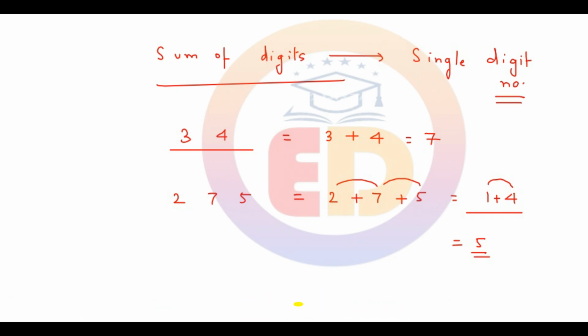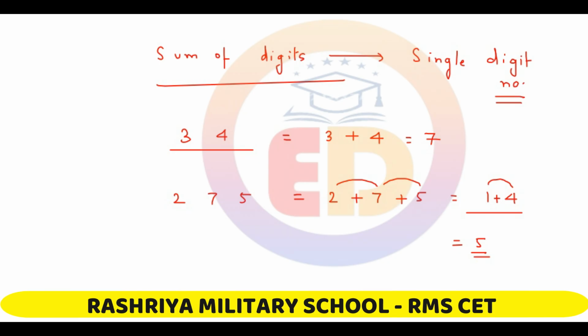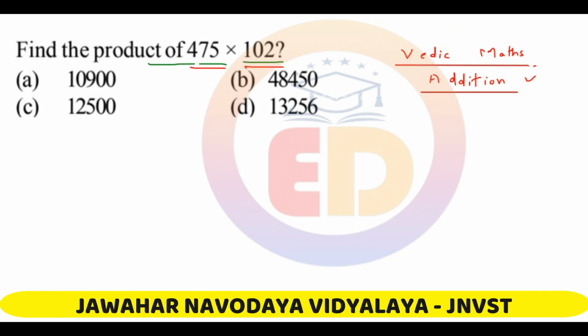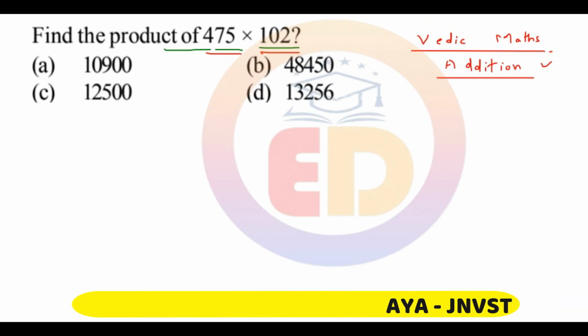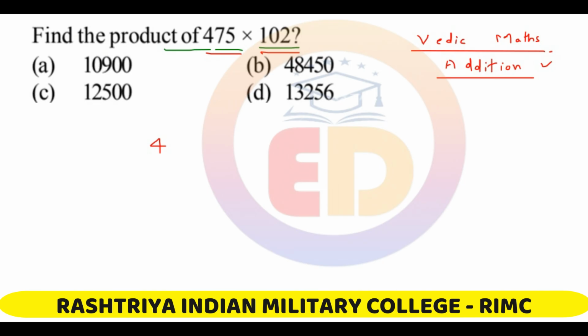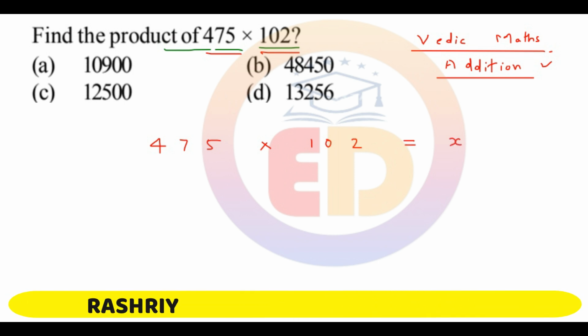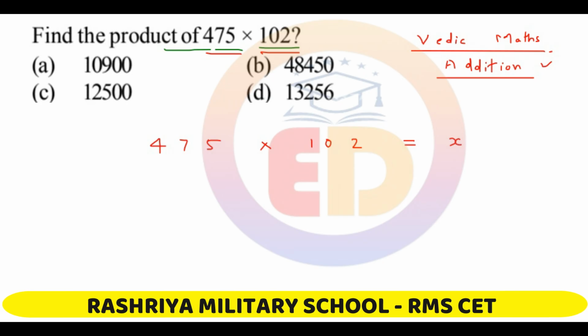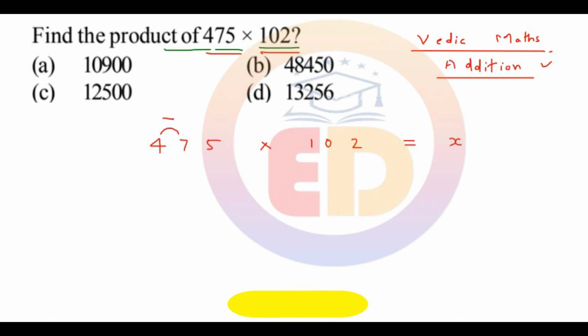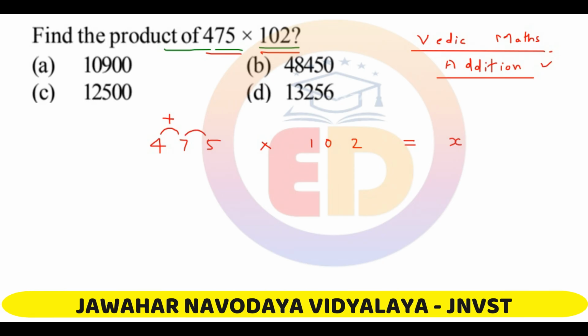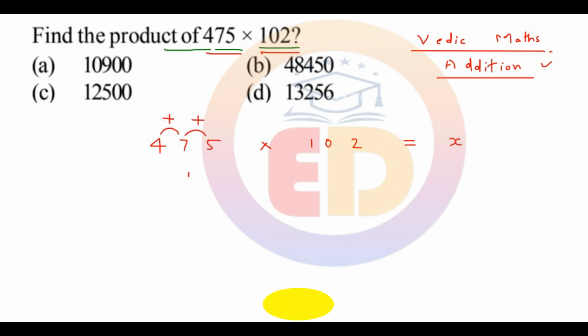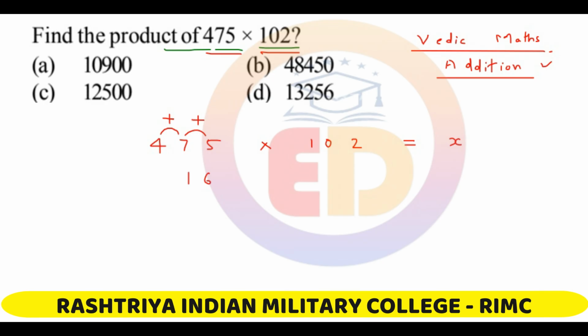Now we will apply this method and solve this question. The question says 475 multiplied by 102. Let's assume our answer is x. Let us add the digits of 475. 4 plus 7 is 11. 11 plus 5 is 16. 16 is a 2-digit number.